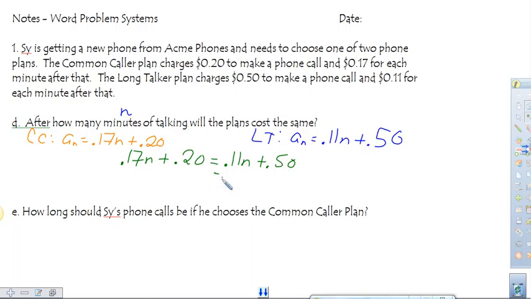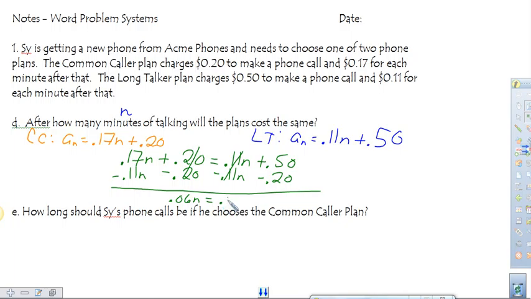You can subtract your 0.11n from both sides, and you can subtract your 20 cents to the other side, which will cancel something nicely here and here, giving you 0.06n equals 0.30. And when you divide both sides by 0.06, you will get n equals 5.